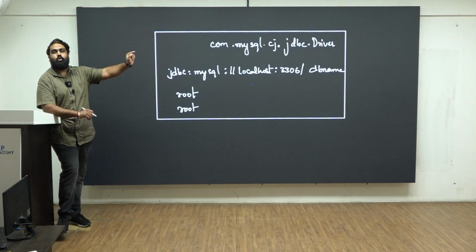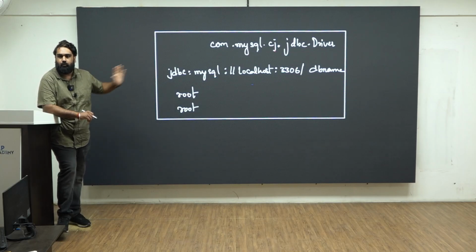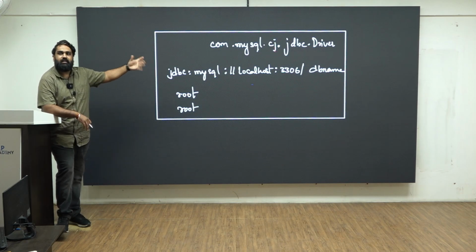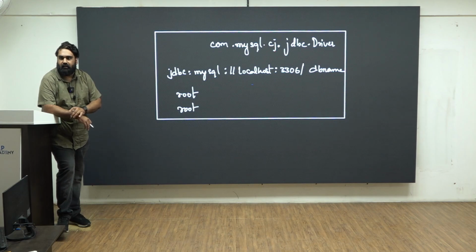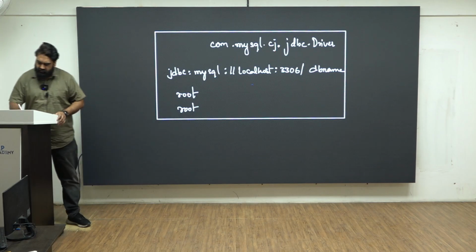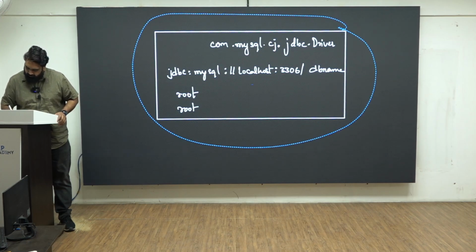In order to connect using Hibernate, whatever lines of code are needed, all that I would put here. Along with this, some more lines will also be there. I'll explain what the other lines are, but the main lines are these.